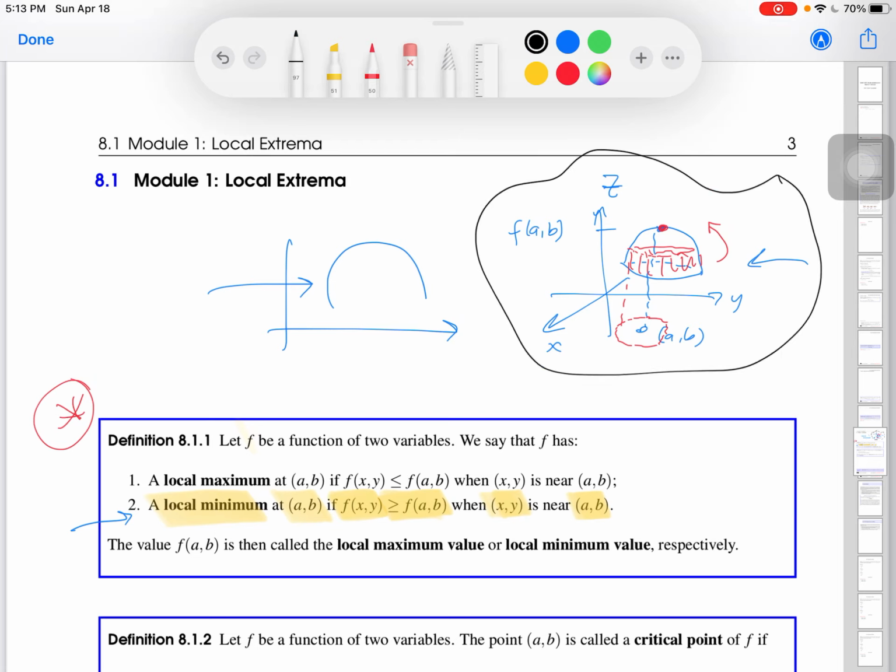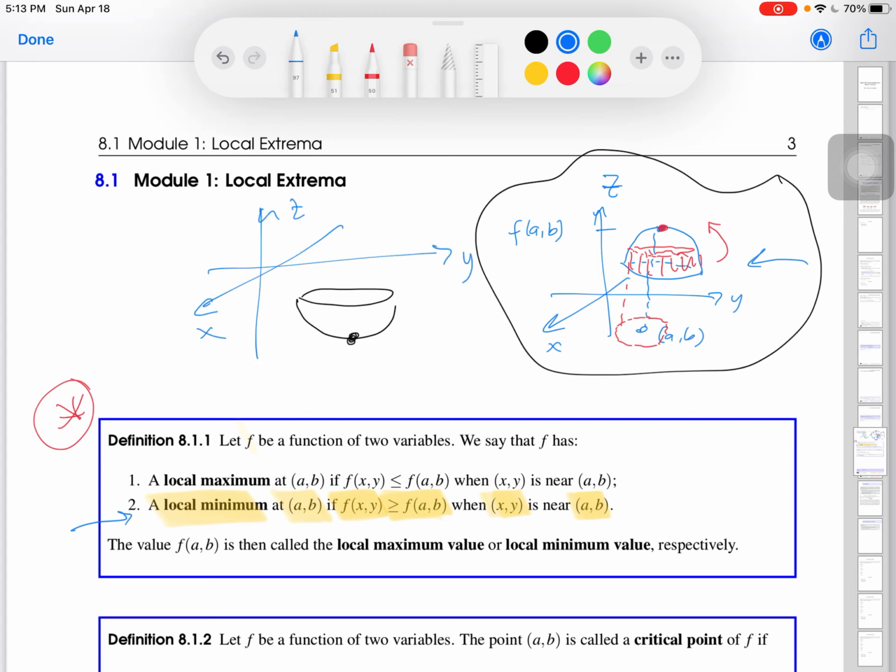If I could take this picture and rotate it so that it would be the same picture, but it would look like this, then this bottom point here would be a local minimum, because all of the z-values nearby, where now I'm thinking of (a,b) here, and about a little disk around it, and these are the z-values that result, all these z-values are bigger than this z-value here. So in this case, it should be strictly greater.